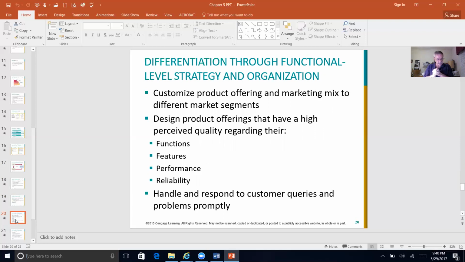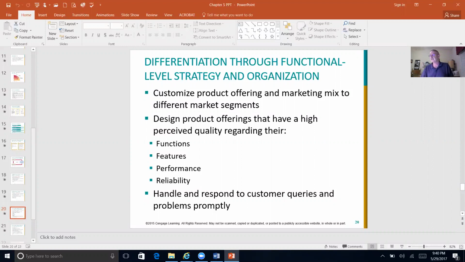So when we think about differentiation, these functional level strategies over on page 170 are meant to achieve that superior quality, both in reliability and excellence. We talked about the innovation of the products, the customer responsiveness, those 4 building blocks of competitive advantage: superior quality, innovation, customer responsiveness.